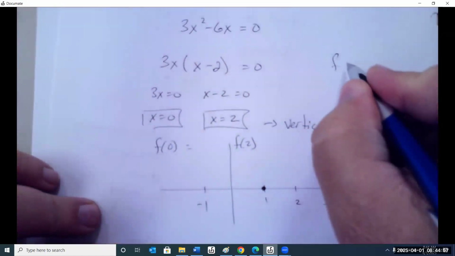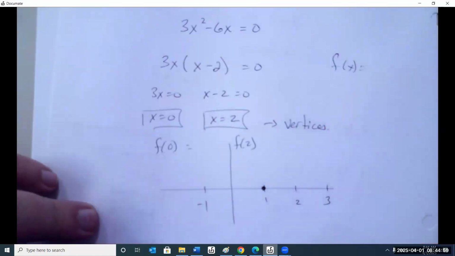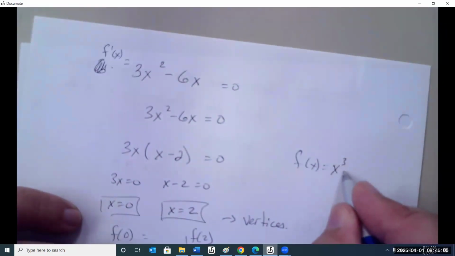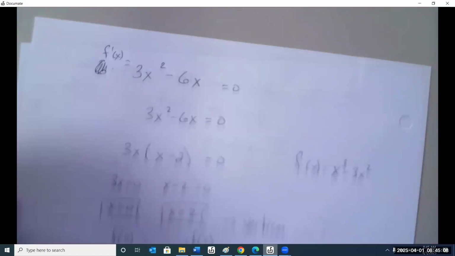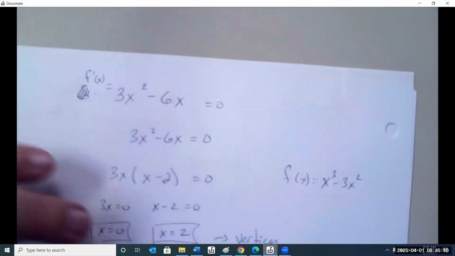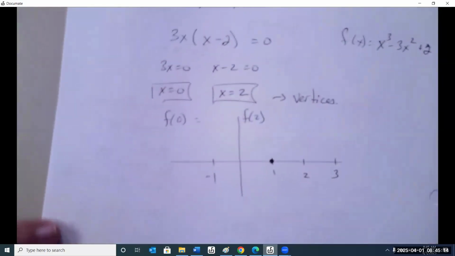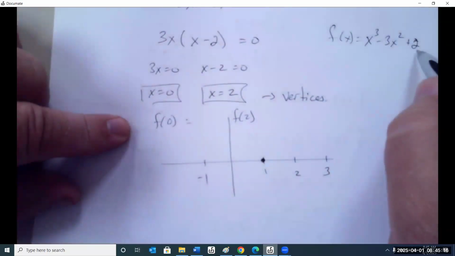So our function is x cubed minus 3x squared plus 2. So when x is 0, we have 2.